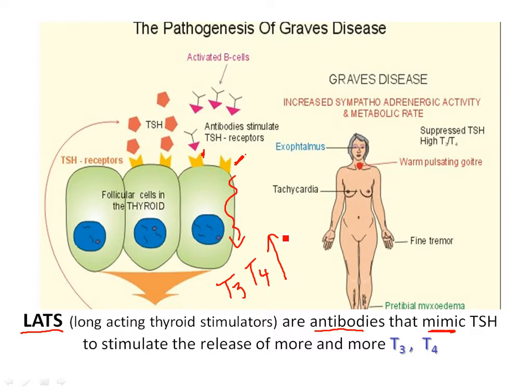All right? So you're going to get hyperthyroidism because these follicular cells are being stimulated. They think that TSH is telling them to release and produce more. So you end up getting a goiter, because we keep getting stimulation to produce more, for the thyroid gland to get larger and larger.